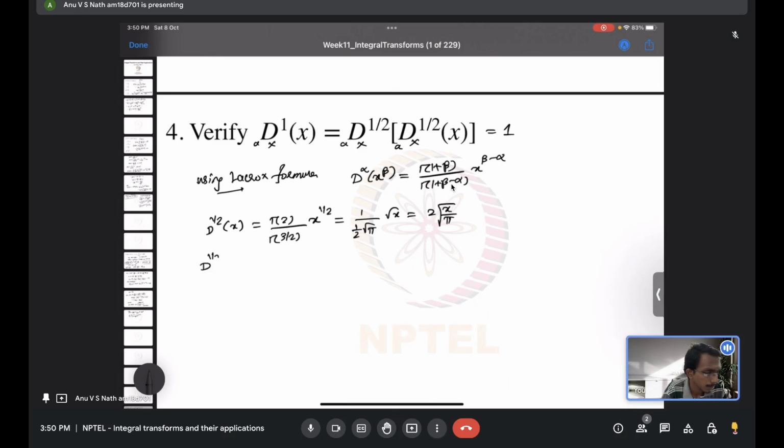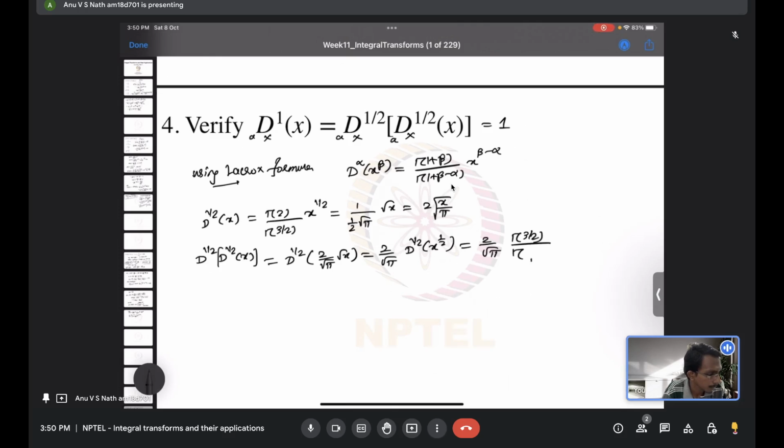Now again d raised to half of this, which is d raised to half of 2 by root pi times root x. Now the constant 2 by root pi we can take outside. Now d raised to half of x raised to half. So 2 by root pi, again using Lagrange's formula, gamma of 3 by 2 divided by gamma of 3 by 2, so basically gamma of 1.